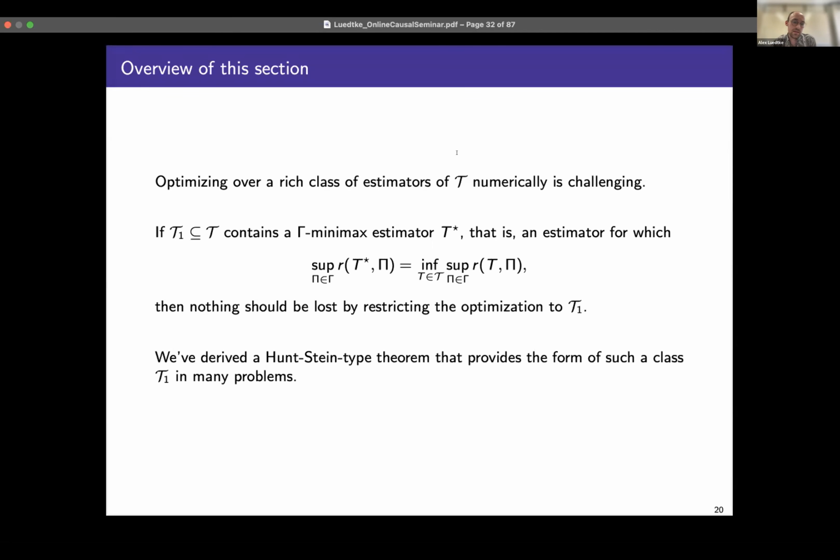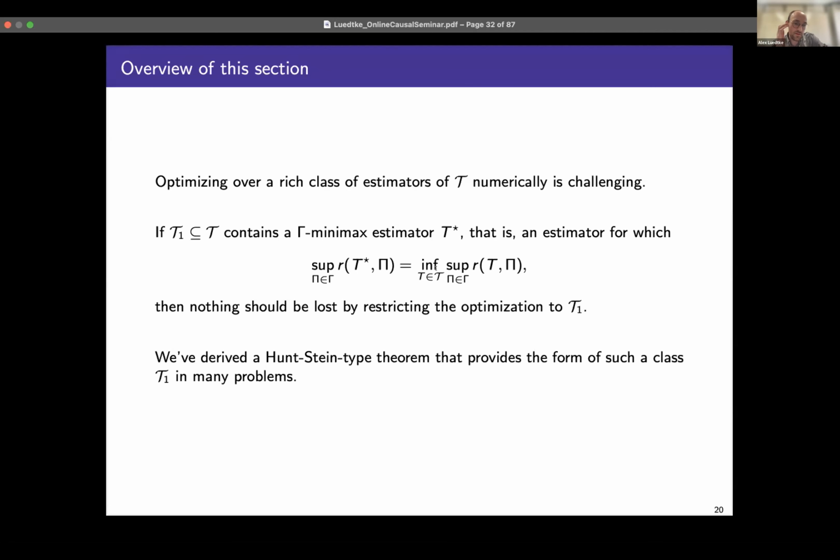So what we investigated, both in the context of regression estimation and also in the context of CATE estimation, was whether we can identify a small subclass T1 of the ideal class of estimators T that contains a gamma minimax estimator, in the sense that the performance of the estimator is about as good or exactly as good as the best estimator in the unrestricted class T. Ideally, we want T1 to be much, much smaller than T because it's going to make our optimization easier.